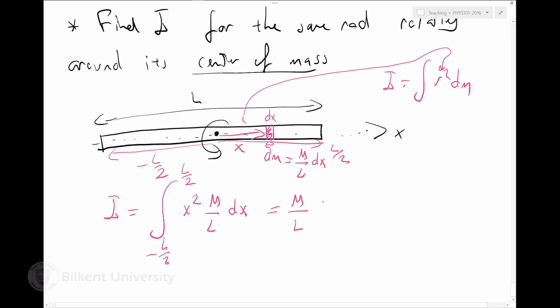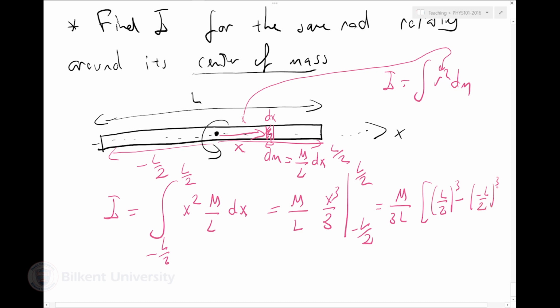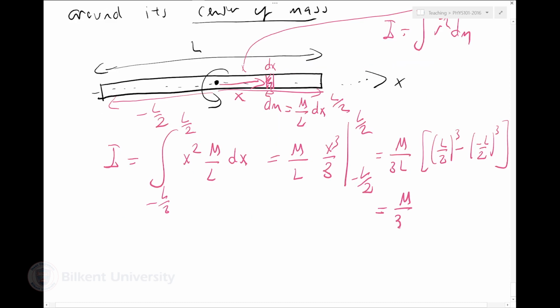So now let's do the integral. I have x cubed over 3. It's the same integral, but the limits have changed. So m over 3L, times L over 2 cubed minus minus L over 2 cubed. That's basically just twice, and minus sign to the cube is minus, so it makes it a plus.